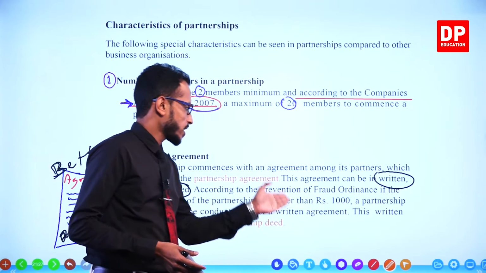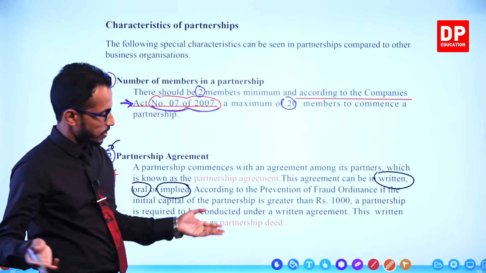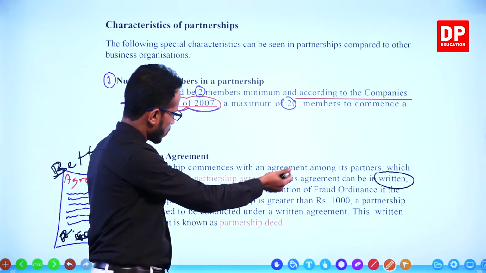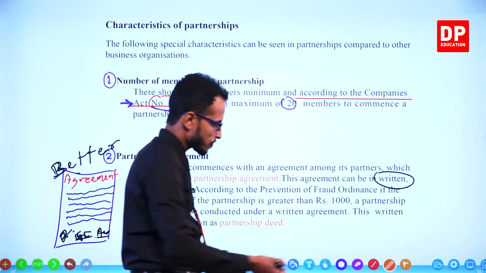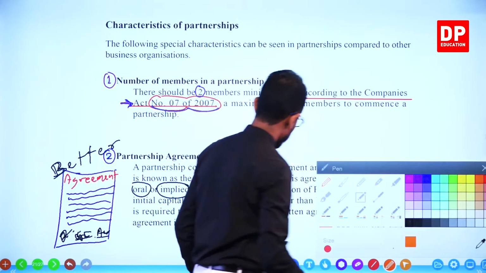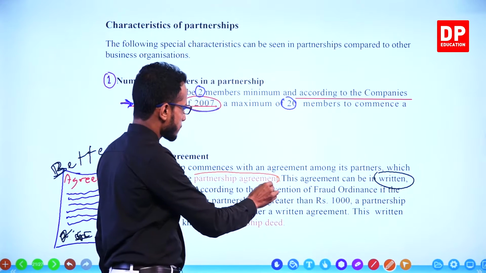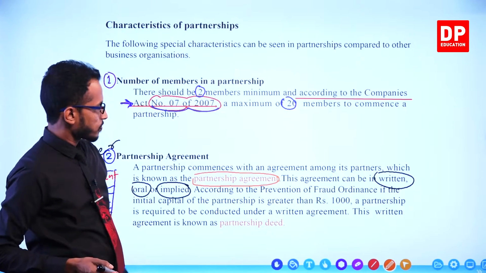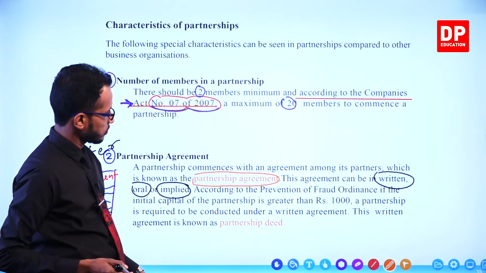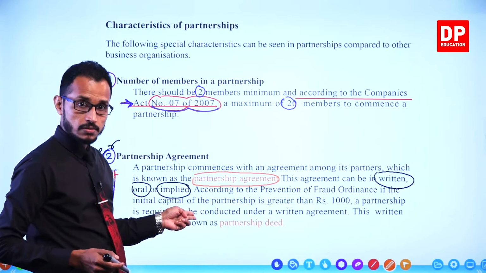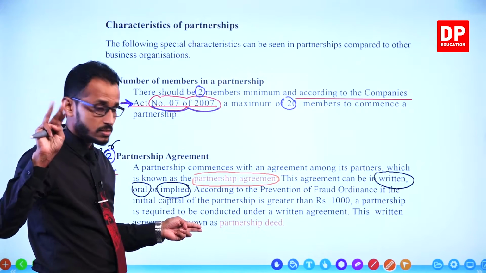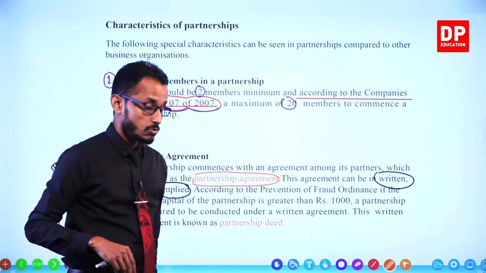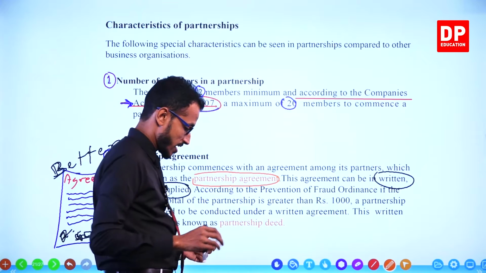A partnership commences with an agreement among its partners, which is known as the partnership agreement. This agreement can be in writing, oral or implied. So 3 ways of having an agreement. According to the Prevention of Fraud Ordinance, another law, here comes another one.